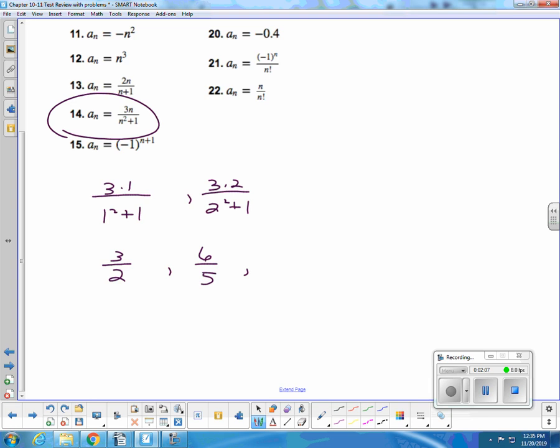Then 3 times 3 over 3 squared plus 1. So we have 9 over 10. And you just keep going like that. 3 times 4 over 4 squared plus 1, 12 over 17.